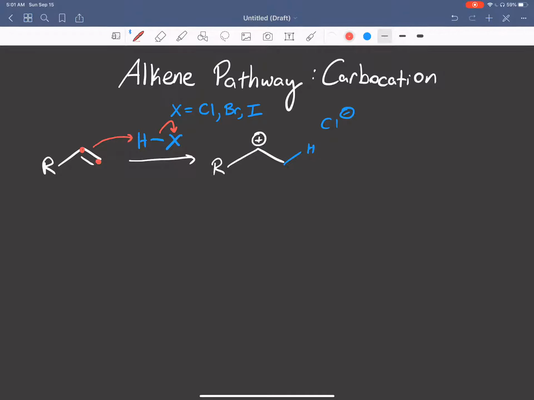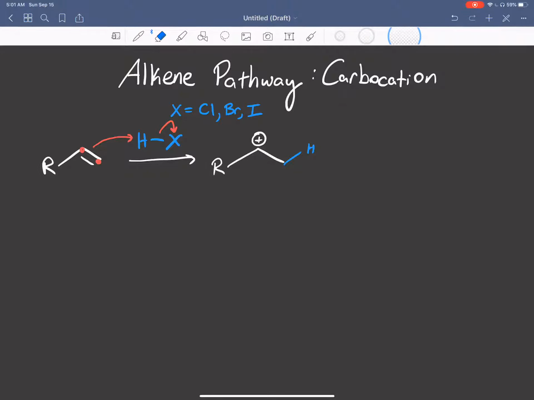Remember, because this follows a carbocation pathway, rearrangements are possible. In this case, since I just wrote a general R group, I'm not going to show a rearrangement. I'll give you an example right after this. But remember, with carbocations, watch out for rearrangements before you attack with the chlorine or the bromine.